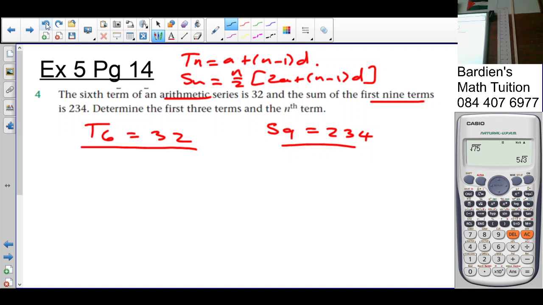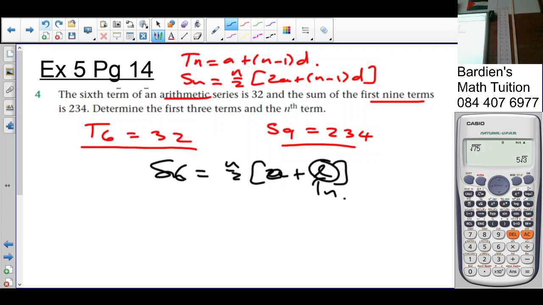It's either both must be 6 or both must be 9 for me to use the other formula. Why? Because the other formula says Sn is equal to n over 2 into A plus L, which is the last term, which is the nth term. So if that is 6, then this has to be 6. If this is 12, that has to be 12 and so on. Okay? Make sense?